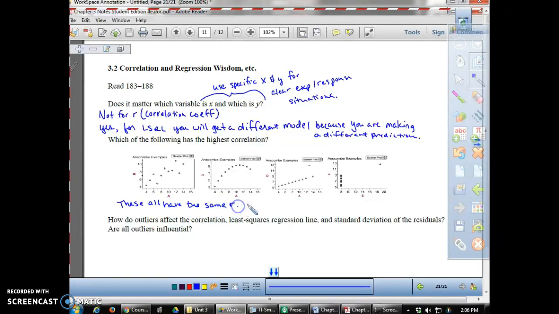So what are you going to do? You always plot your data. When I say that, I just mean a scatter plot before interpreting R. Remember, R is only to describe a linear relationship between two quantitative variables.